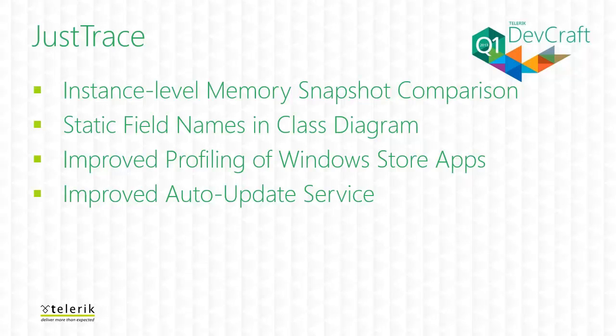This allows you to get a deeper understanding of your application's behavior. And we also show field names and stack field names in the class diagrams, so you can get deeper detail on the held references preventing garbage collection. We've improved Windows Store app profiling, and we've also improved JustTrace's automatic updates.